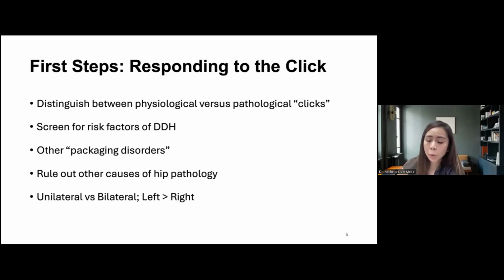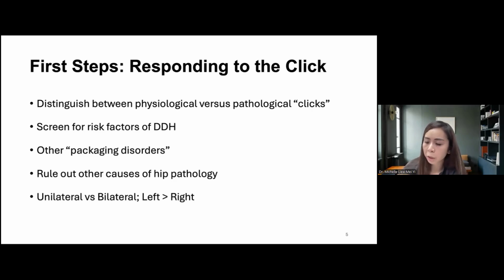To differentiate between these possibilities, we will need to carefully assess both the clinical history and the physical examination findings associated with DDH. We routinely screen for perinatal risk factors such as primigravida status, oligohydramnios, breech presentation, and risk factors of the patient itself: being female, firstborn, macrosomic, or having a positive family history of DDH, whilst also examining for other packaging disorders such as congenital muscular torticollis, metatarsus adductus, and congenital knee dislocation.